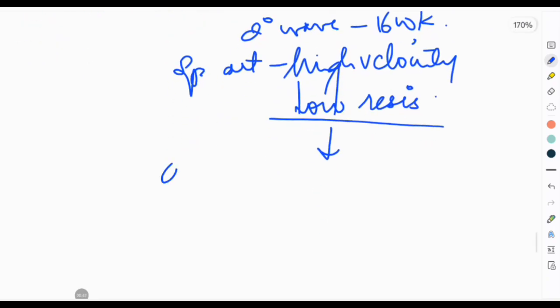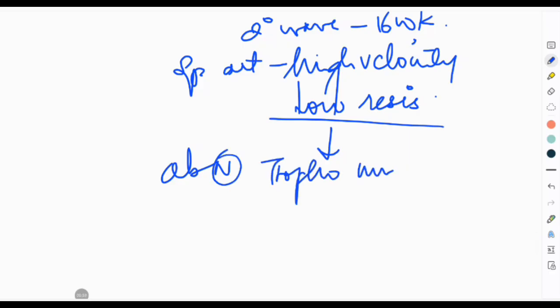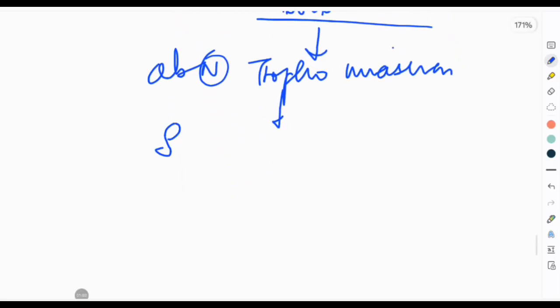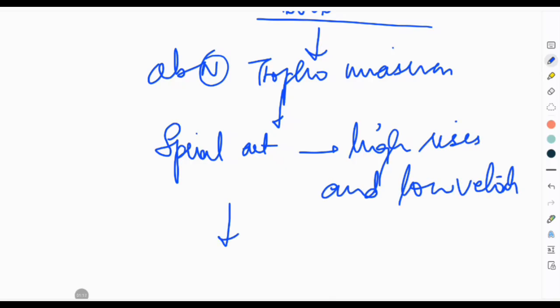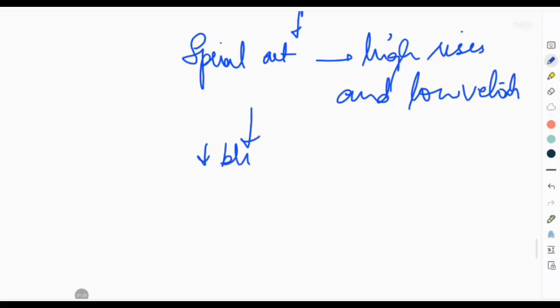With abnormal trophoblastic invasion, the spiral arteries become high resistance and low velocity. Then there is decreased blood flow to the fetus.